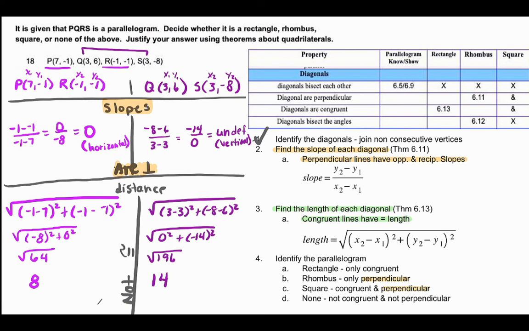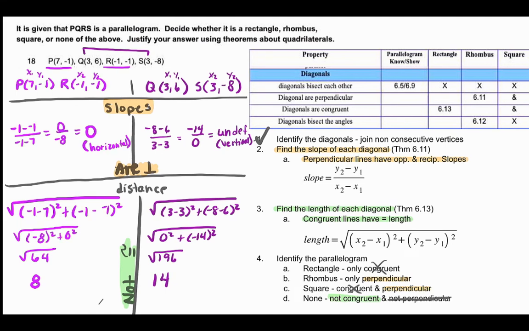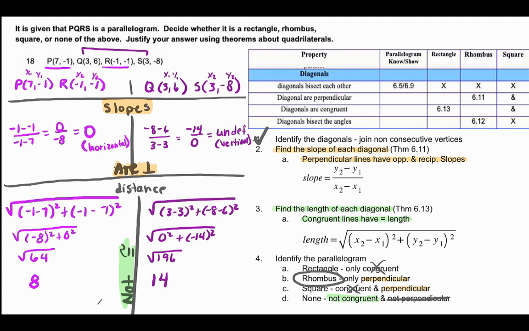So when we look at our options, I did not have congruent, and I had perpendicular, so that makes this a rhombus.